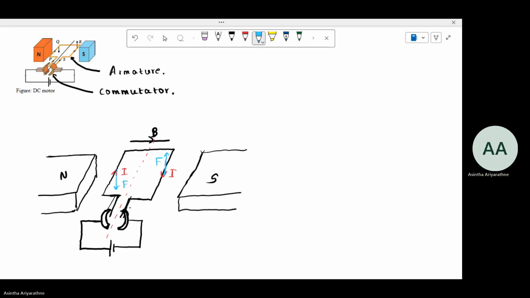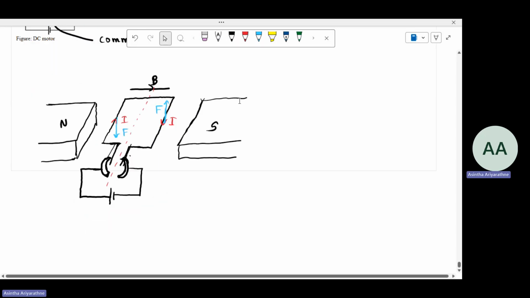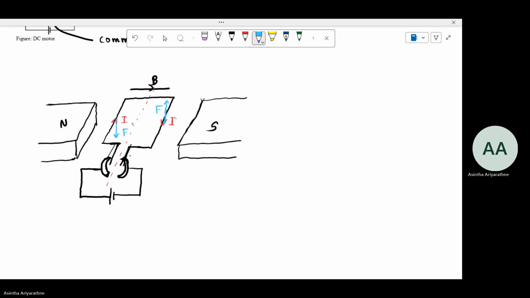Out. Right. Then this loop rotates in an anti-clockwise manner.